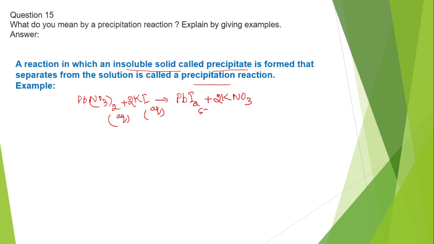Lead iodide is a yellow colored precipitate and potassium nitrate is aqueous solution. Now what is formed here? Yellow colored precipitate of lead iodide is formed in the solution. So this reaction is called a precipitation reaction. It is also a double displacement reaction.